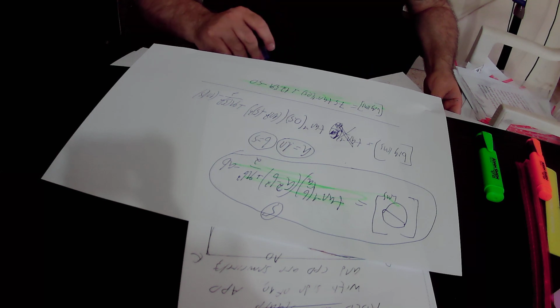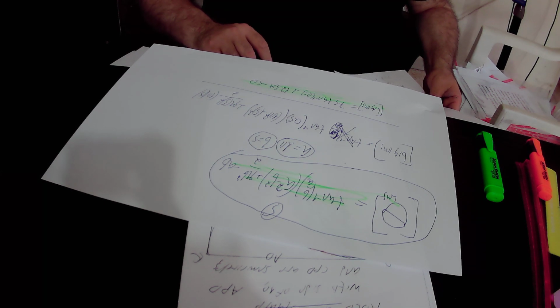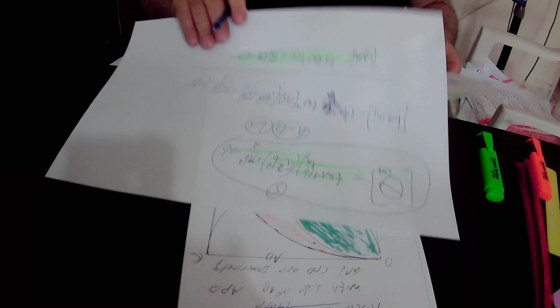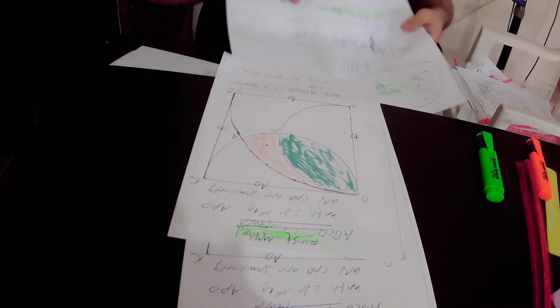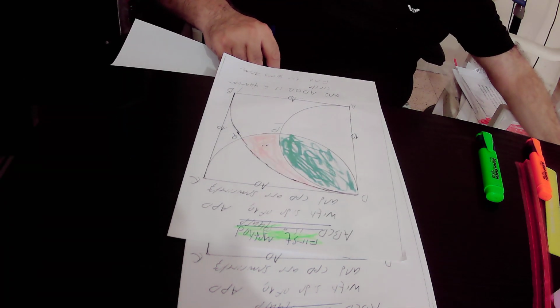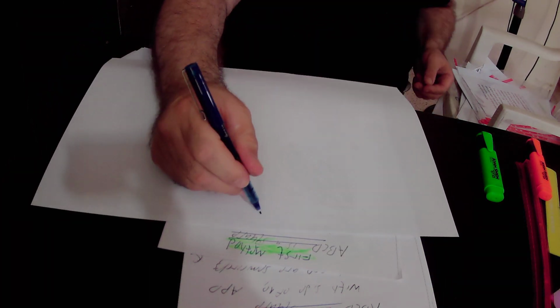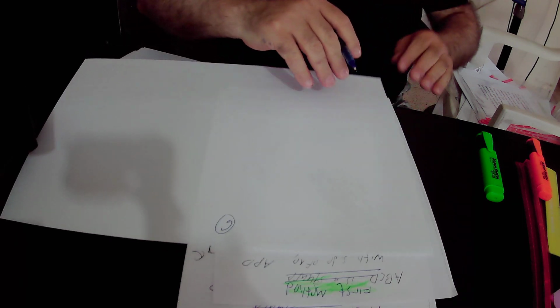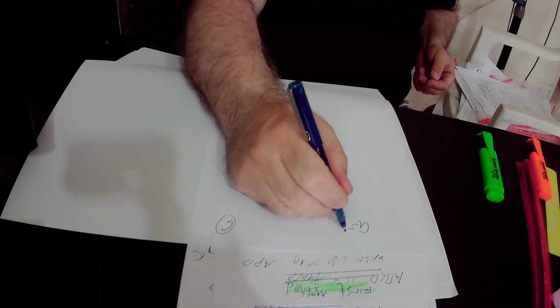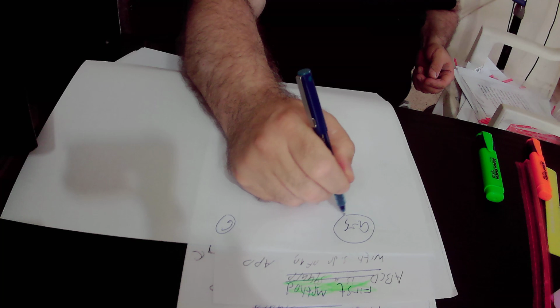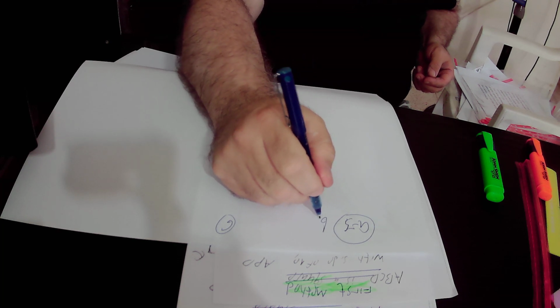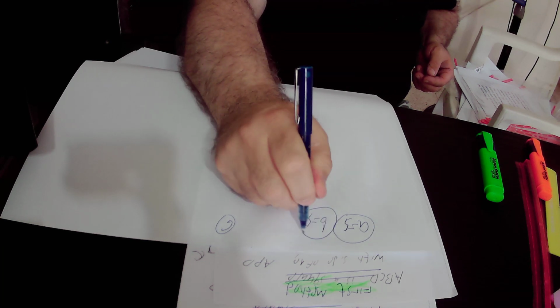So here we'll get that A equals 5 units and B also equals 5 units.